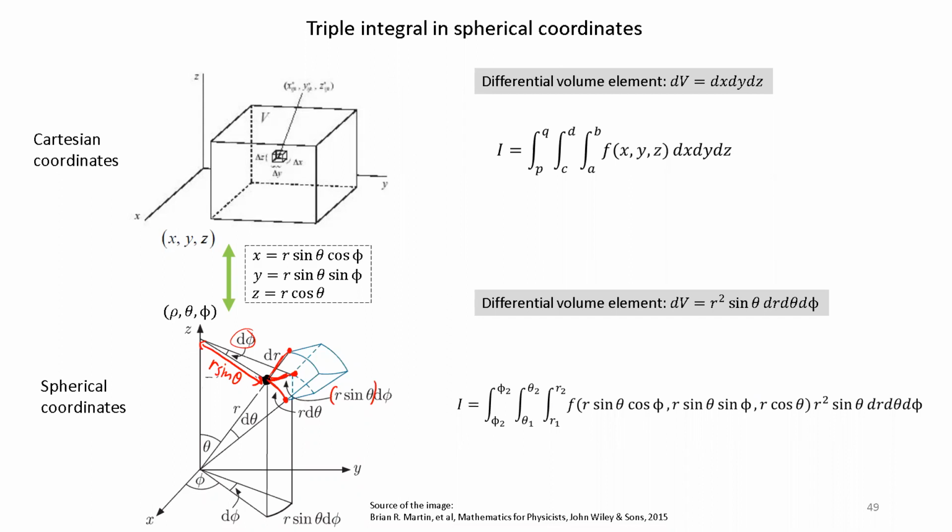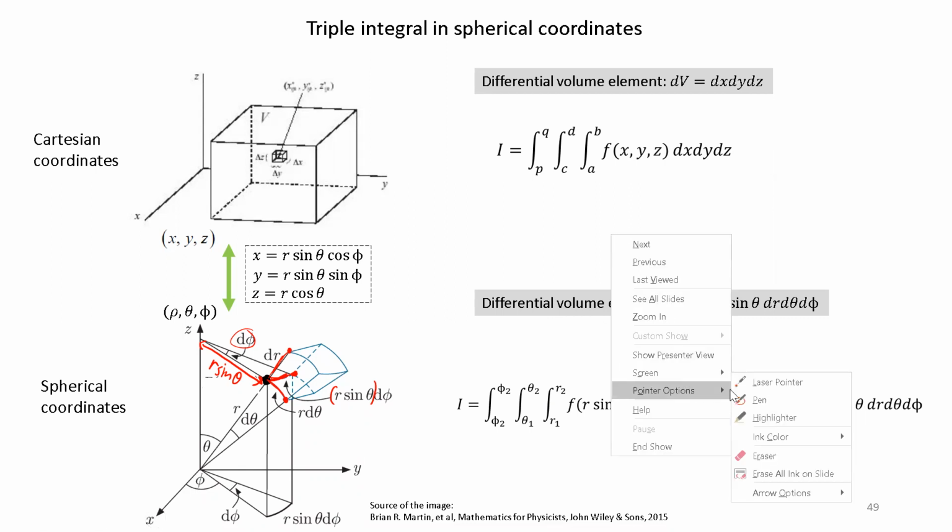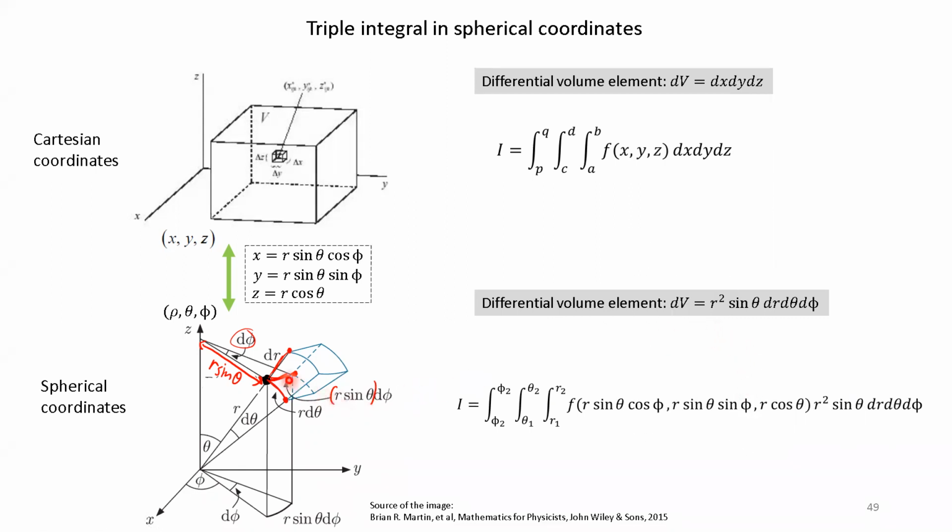Although you understand that this is not really a cube because this one is curved and this one is curved, since it's infinitesimally small, the way that we express the volume of this element is simply using the formula for a cube, or a box. Not exactly a cube.